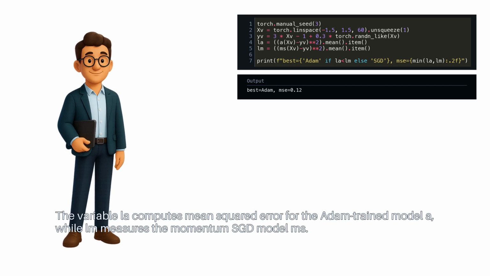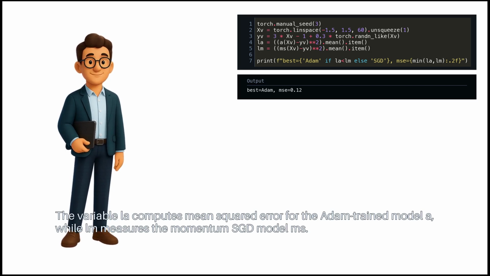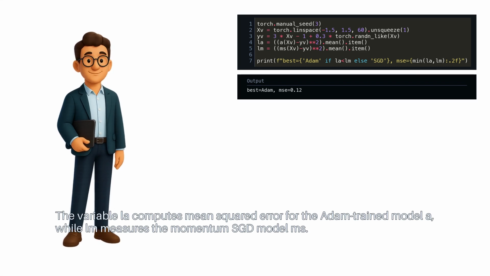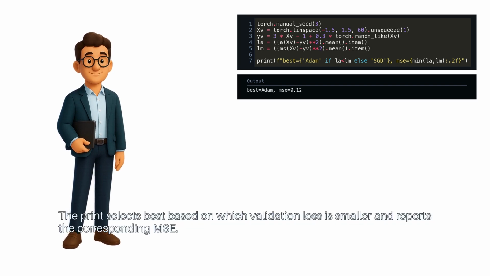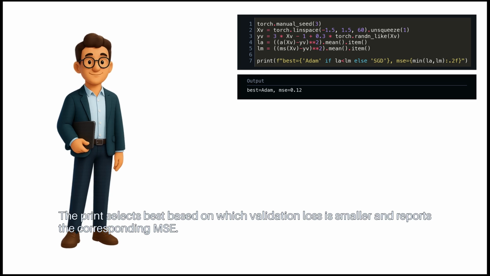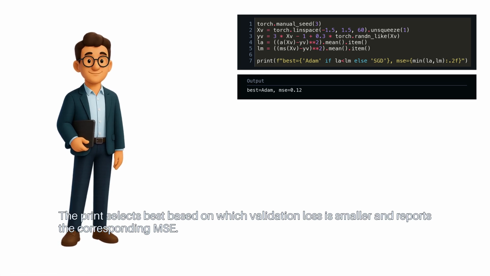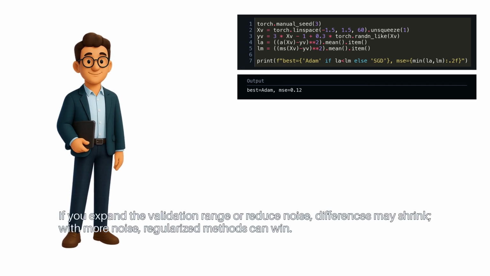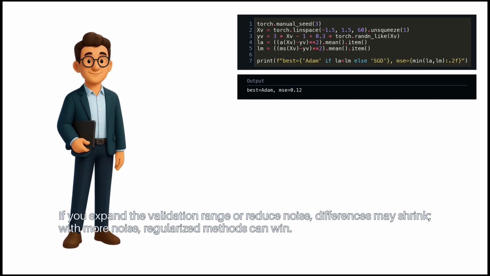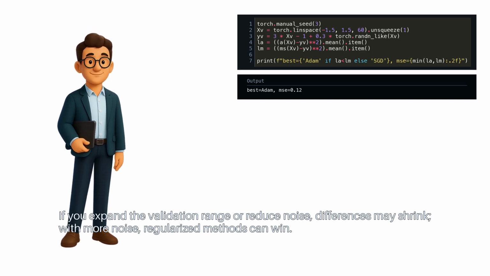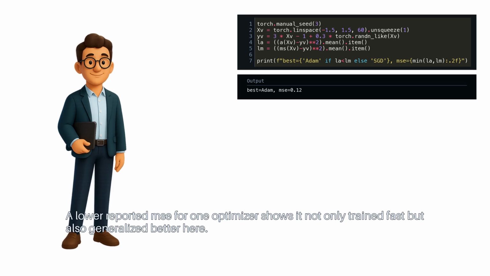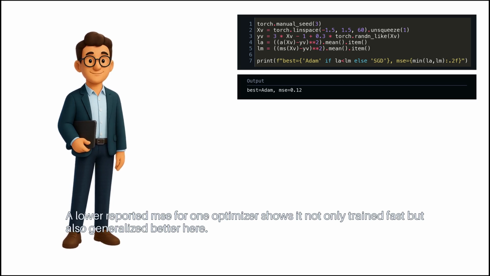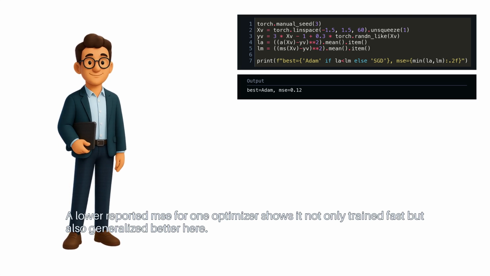The variable la computes mean squared error for the Adam-trained model a, while lm measures the momentum SGD model ms. The print selects best based on which validation loss is smaller, and reports the corresponding MSE. If you expand the validation range or reduce noise, differences may shrink. With more noise, regularized methods can win. A lower reported MSE for one optimizer shows it not only trained fast, but also generalized better here.